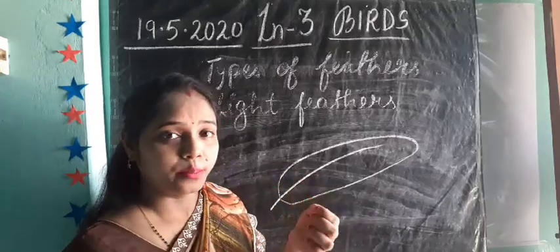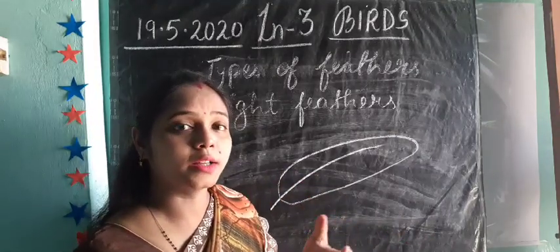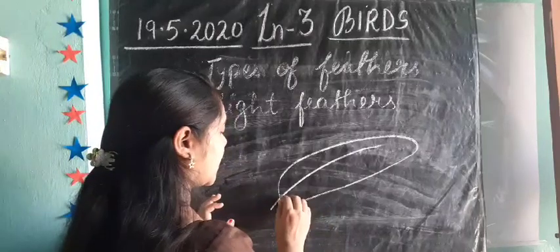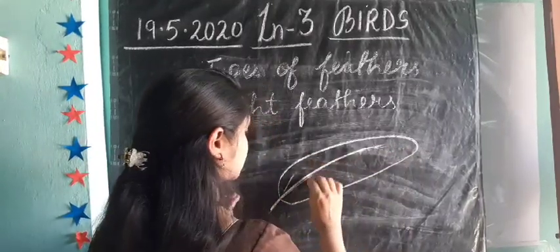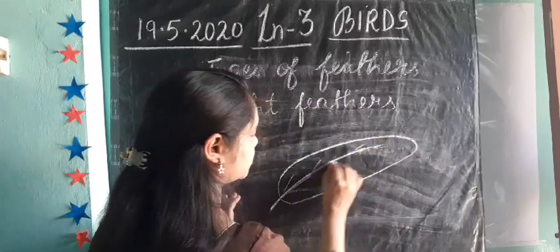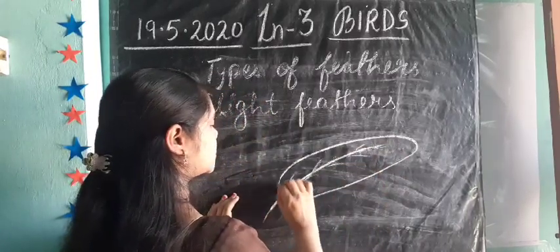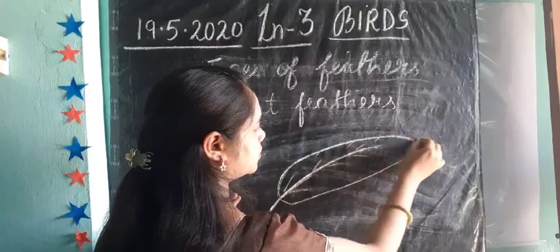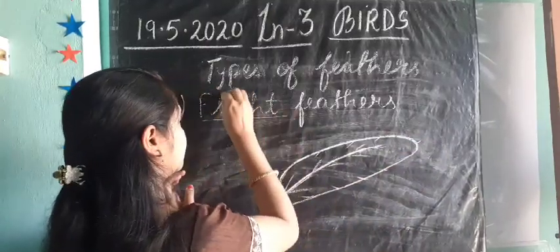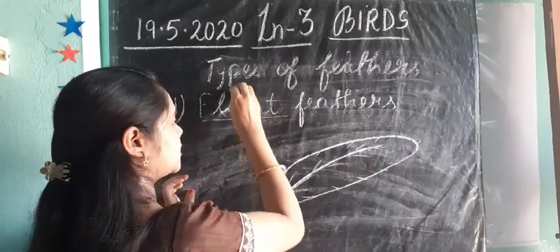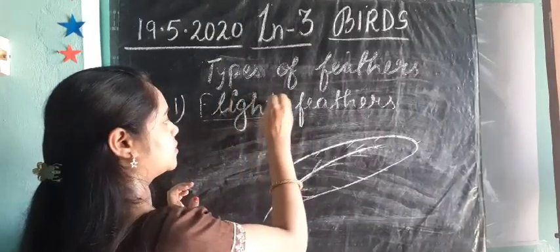Students are collecting the feathers, or outside of the school campus also you can see them, or at your roof also. So this is the feather. Which type of feather? This is a flight feather.